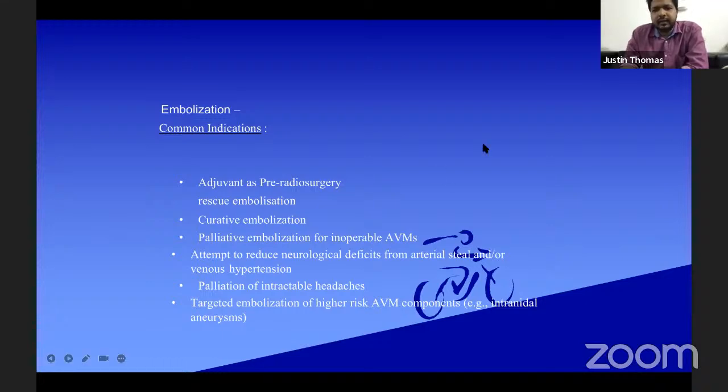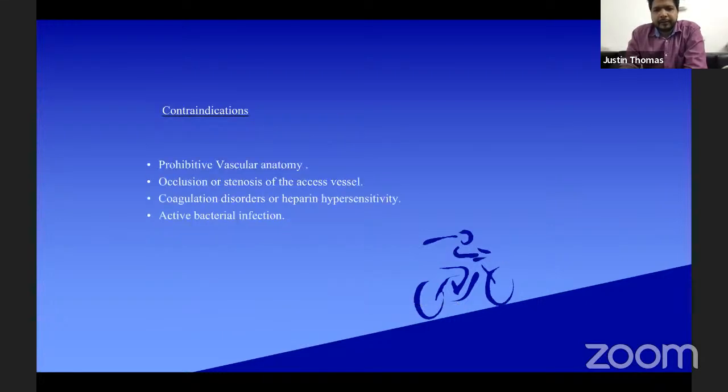Also, risk factors like intranidal aneurysms can be treated endovascularly, and this will make the AVM safer before other therapies. For stereotactic radiosurgery, once the AVM has bled, SRS cannot be done immediately because it will take 2 years for obliteration of the AVM. So as an initial rescue therapy, embolization can be done.